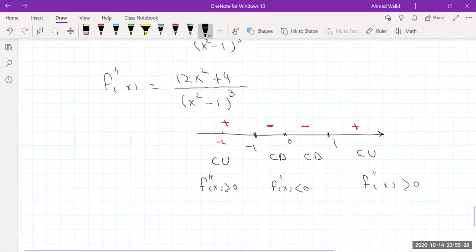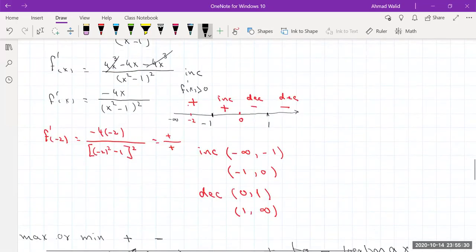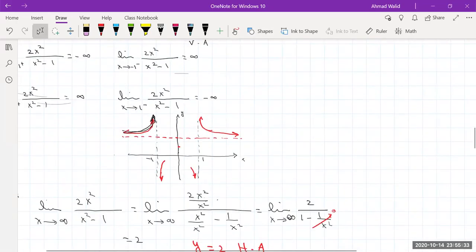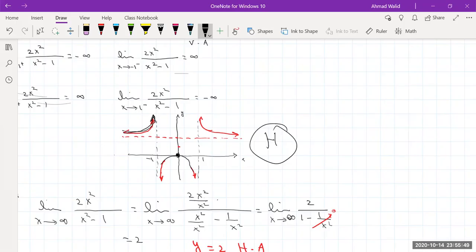If you add all this information, I'm a bit lazy, I don't want to do the graph again, you will see you will end up with this graph. Why am I turning here? Because that was my y-intercept and x-intercept. That's the shape of the graph, and that's your step H, where you put all the information together and you can sketch any curve.